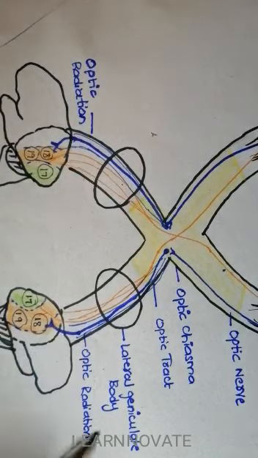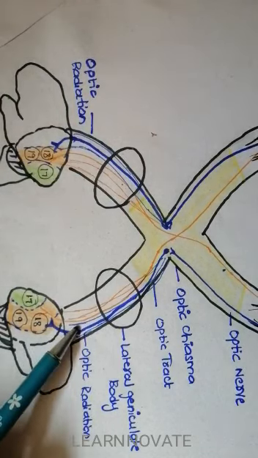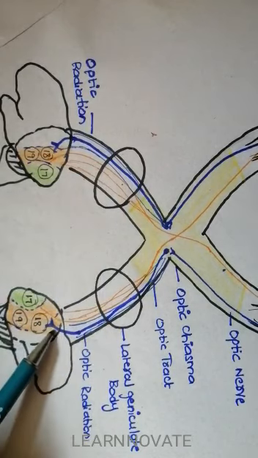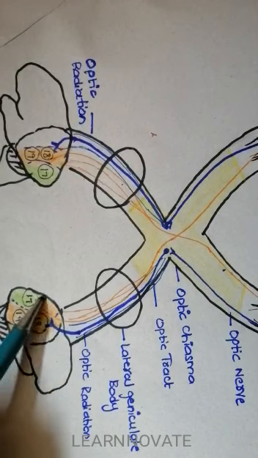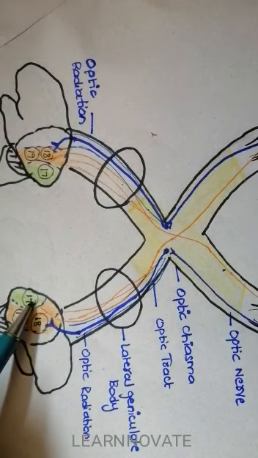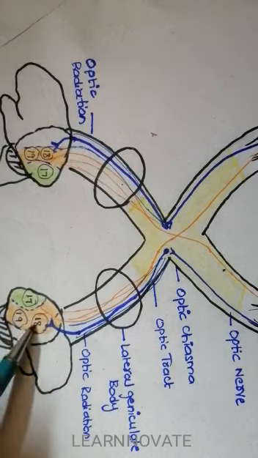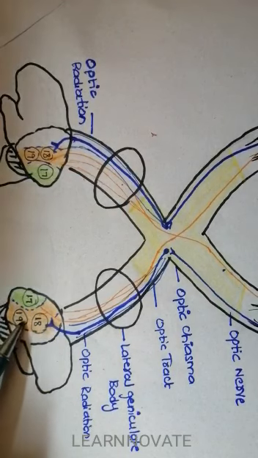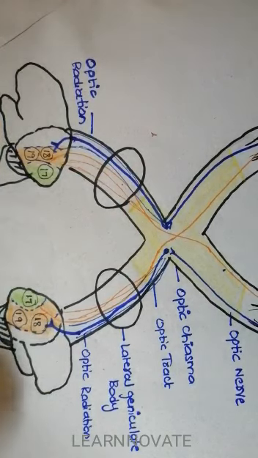Now, after this optic radiation has passed from the lateral geniculate body on both sides, they converge on the visual cortex. The primary visual area, that is area number 17, and the secondary visual areas, that is area number 18 and area number 19, are mainly associated with the visual activity and performing the response that is related with the visual system.